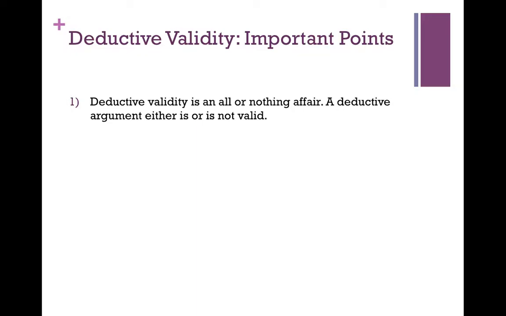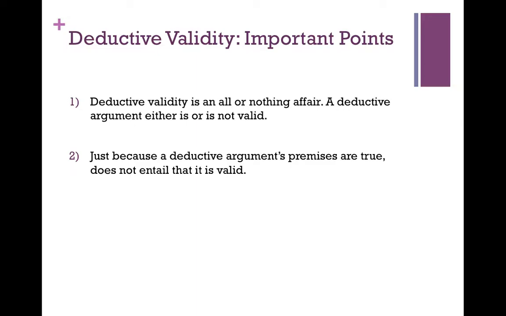It doesn't make any sense to say a deductive argument is kind of valid. It's either valid or invalid. And the reason for that is either the premises guarantee the conclusion or they fail to guarantee the conclusion. It's one or the other. There's no in between. There's no halfway. It is just either deductive validity or deductive invalidity.